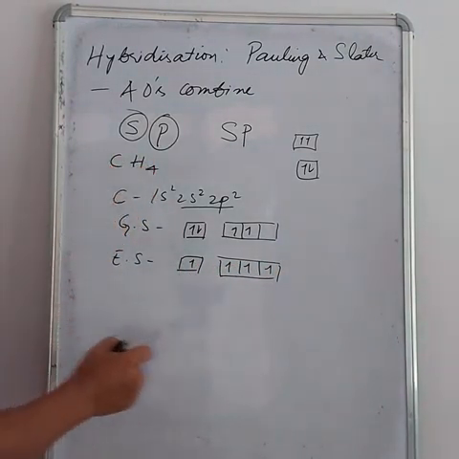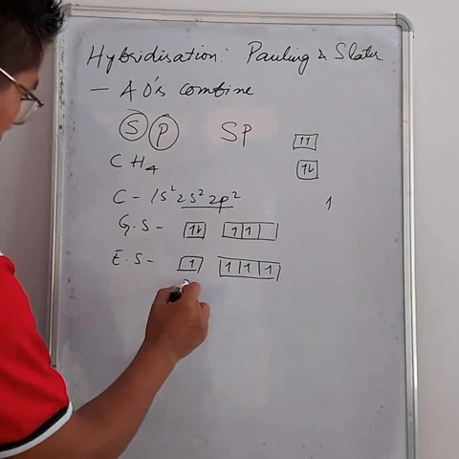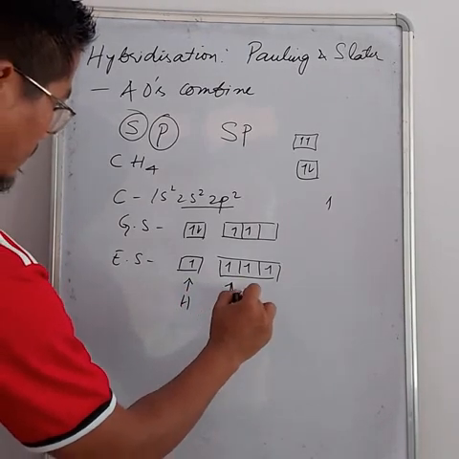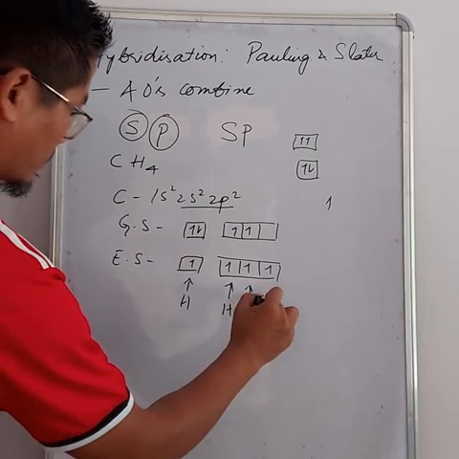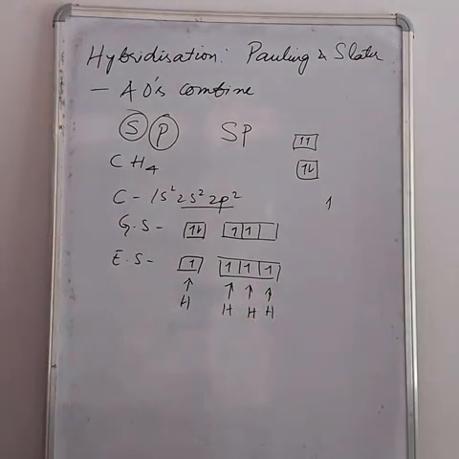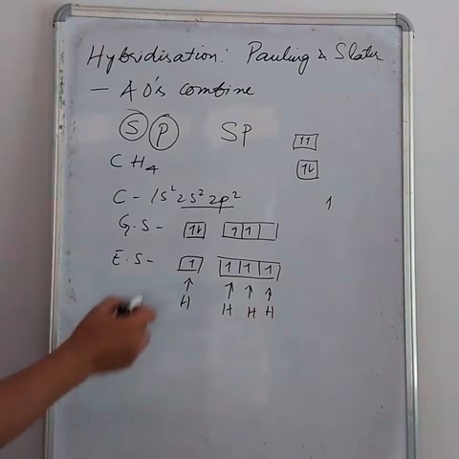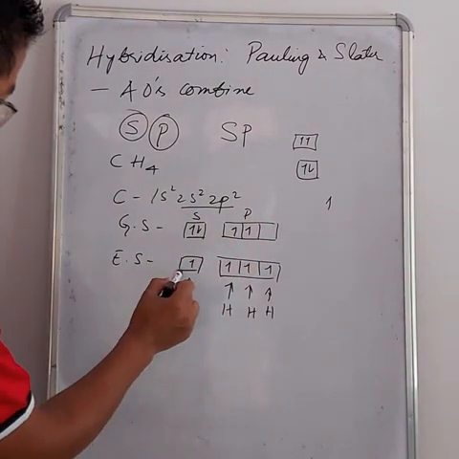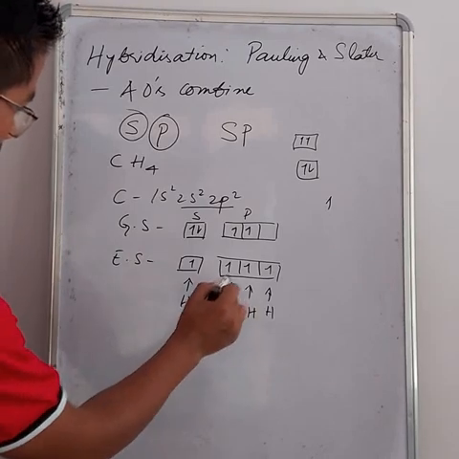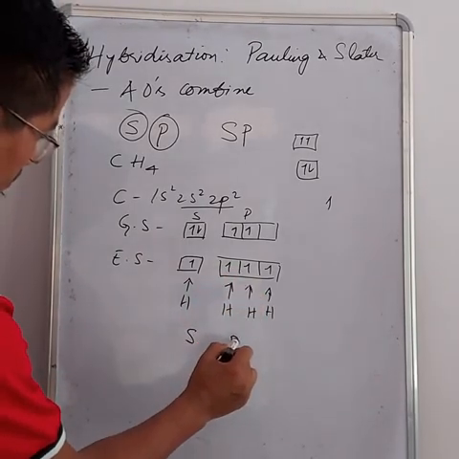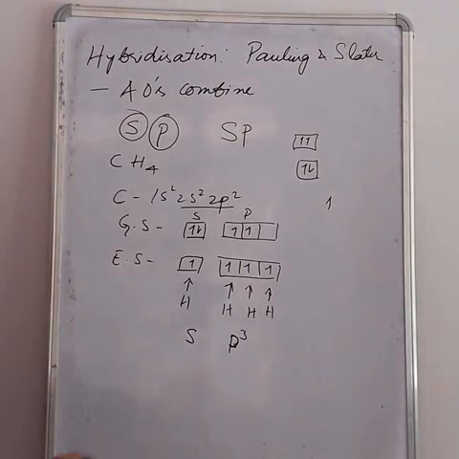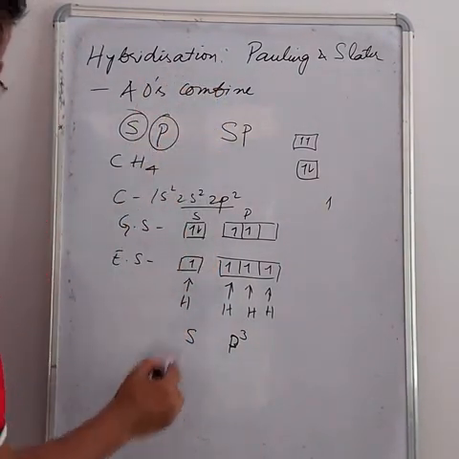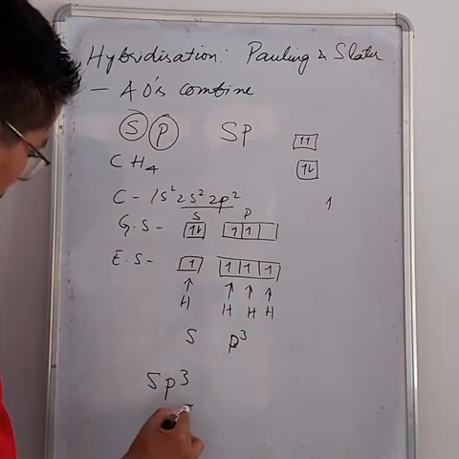We know hydrogen has 1 electron, so each hydrogen will come and pair with one of the 4 carbon electrons. So this is our s orbital, this is our p orbital. We have one s and three p's, so the hybridization of methane is sp3.